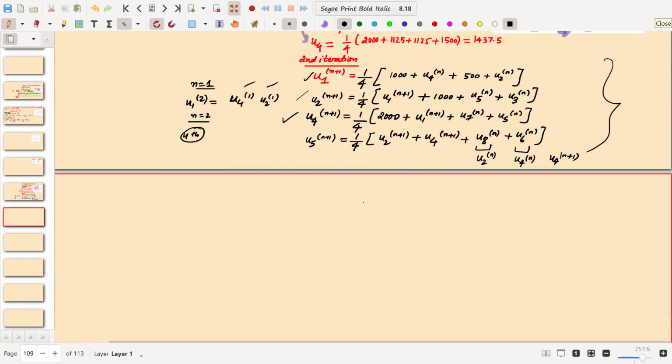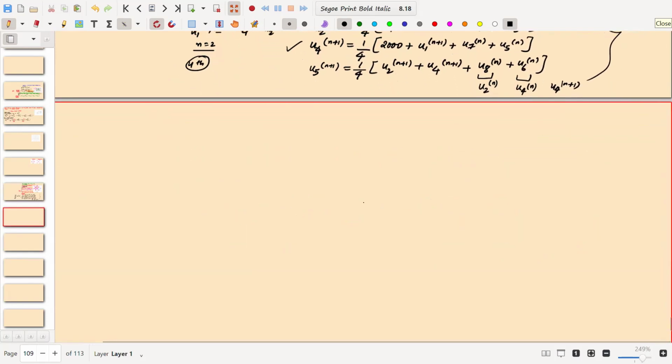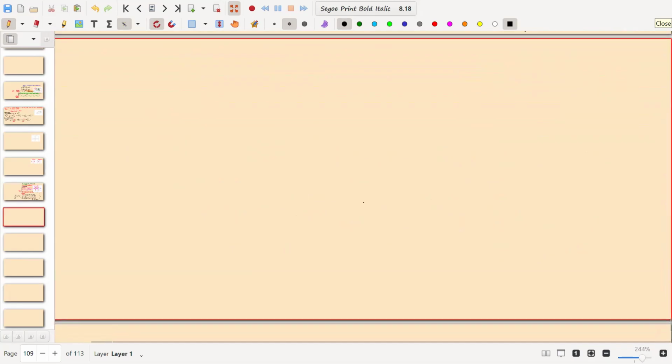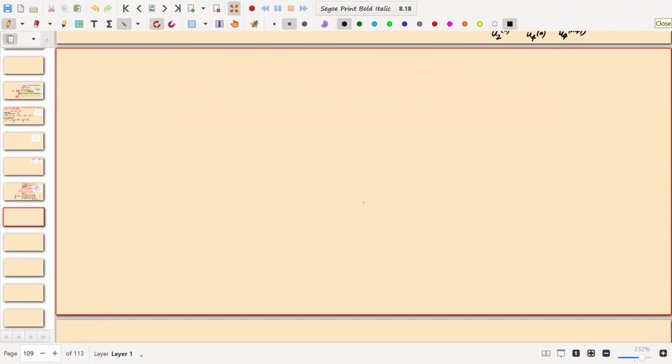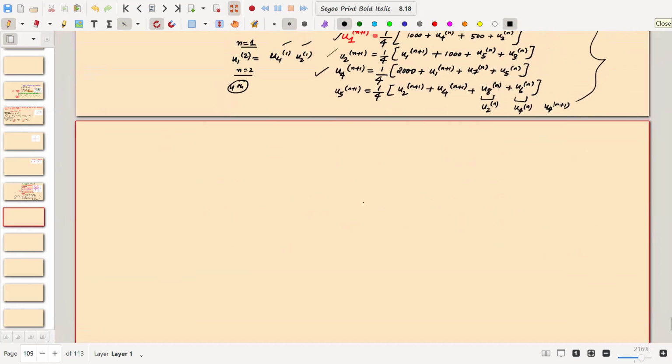Anyway, this is a method to solve the Laplace equation. What we solved here, we did all this method. Why was this method possible?